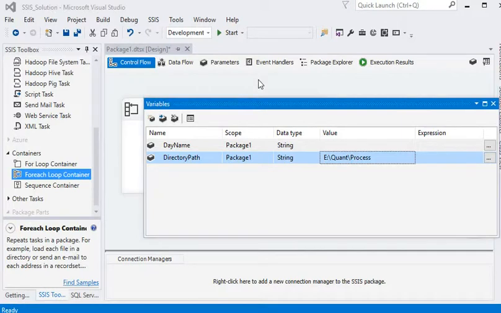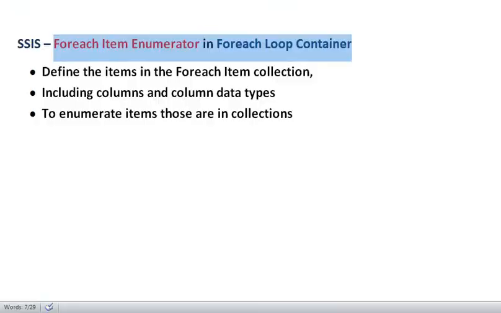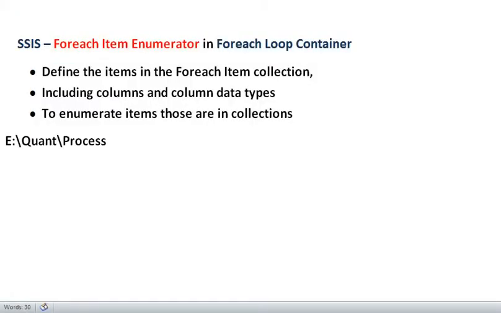We need to create a directory based on the collection like this. First of all, it should be like this, then the year name, that is the current year, then the month, then the day name like Monday. So we need to create a directory like this.